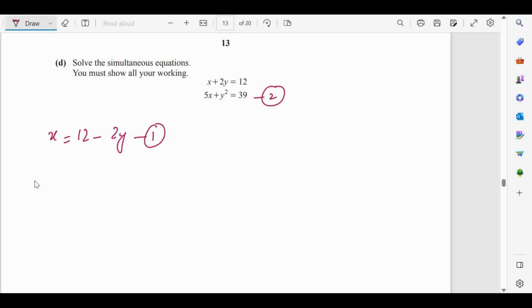Put 1 in 2. So this will be equals to 5 into 12 minus 3y, plus 9 plus y square is equals to 39. So this will be 5 into 12 is 60 minus 15y plus y square is equals to 39.